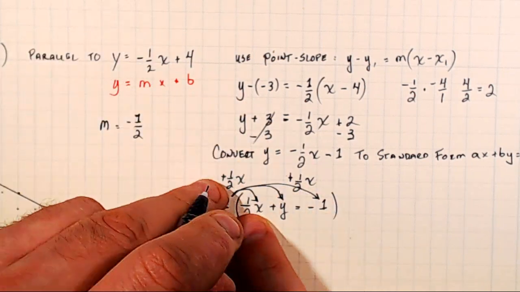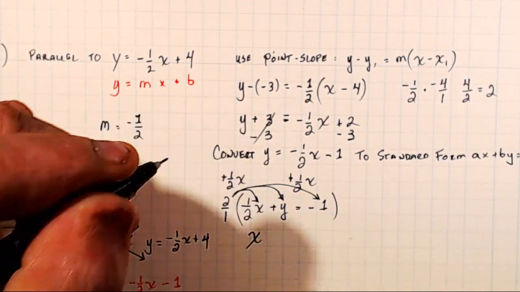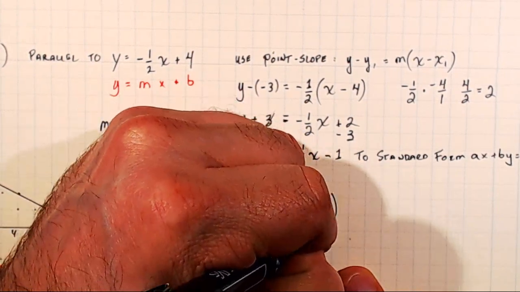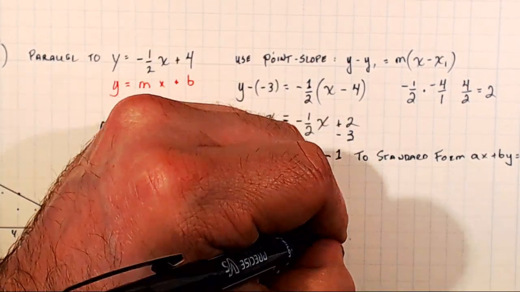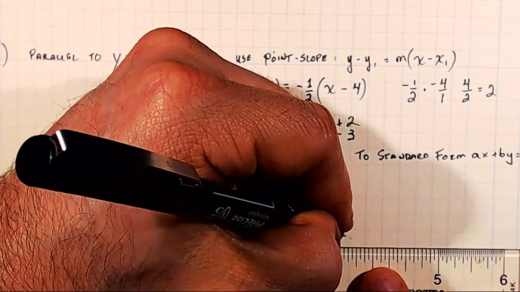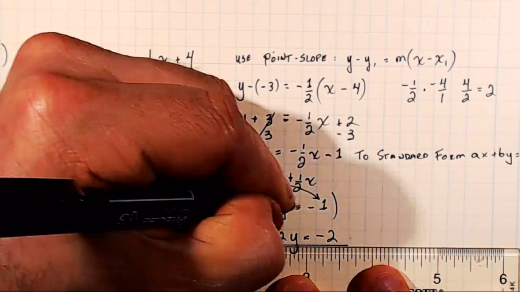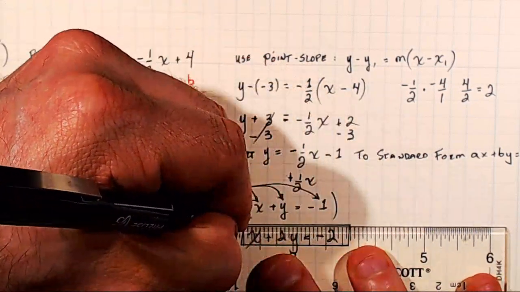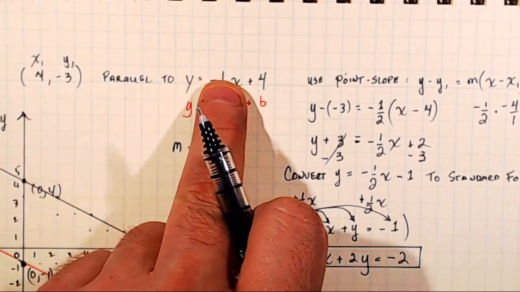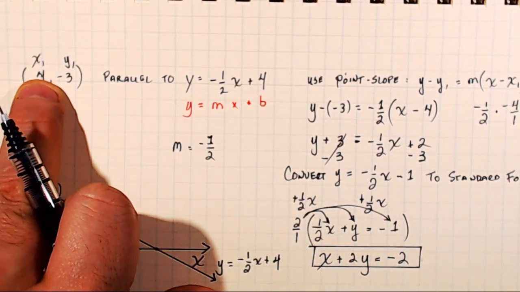So now that goes away. That just becomes x plus 2y equals 2 times -1 is -2. So x plus 2y equals -2 is the standard form equation of a line parallel to this equation passing through that point.